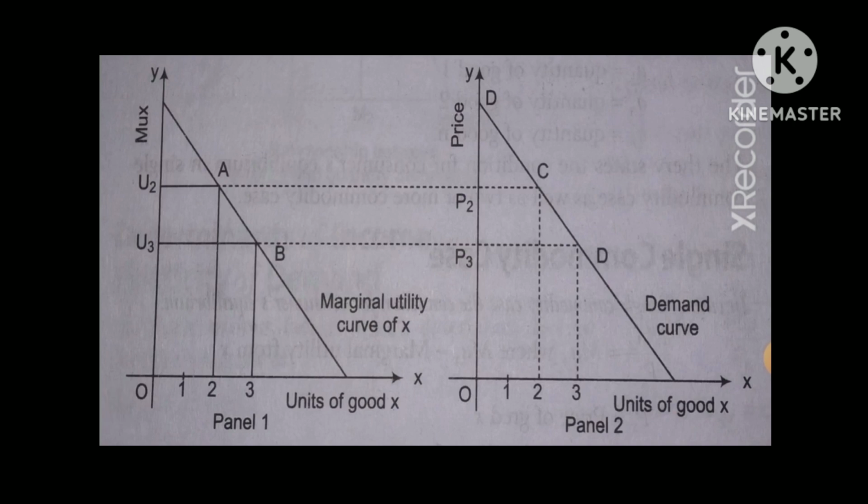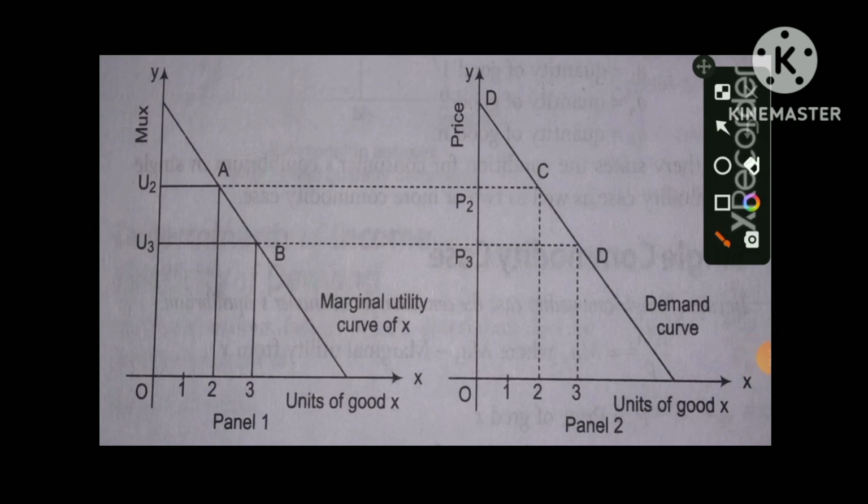So we can see from the diagram that in panel 1, when the consumer increases his consumption from the second unit to the third unit of X, his MUx declines from U2 to U3.